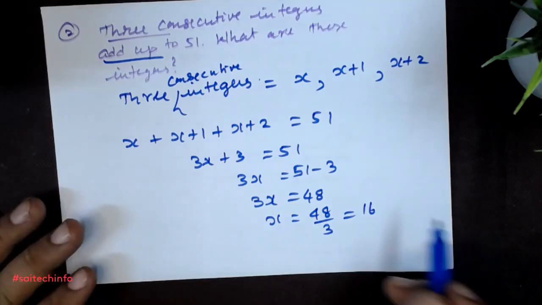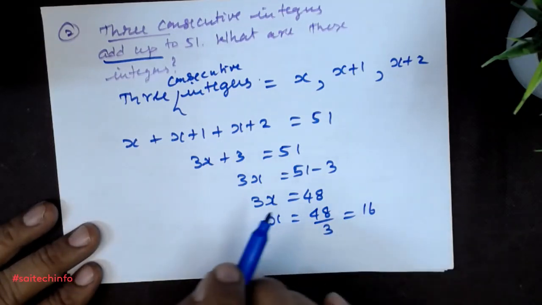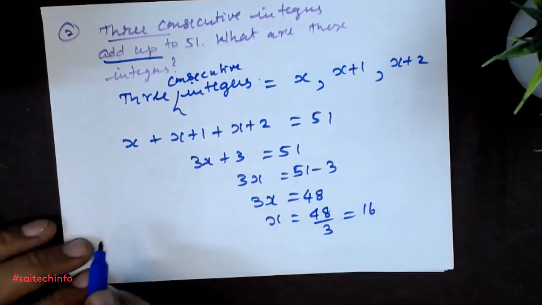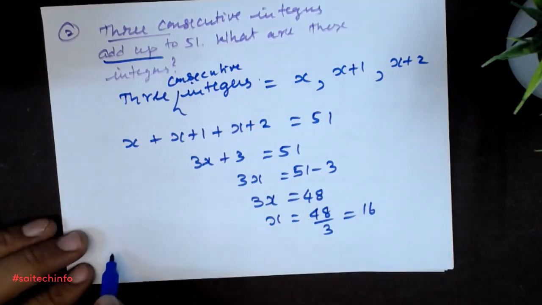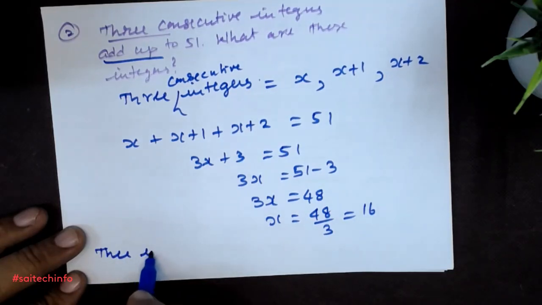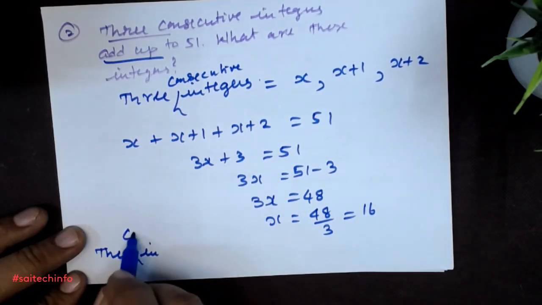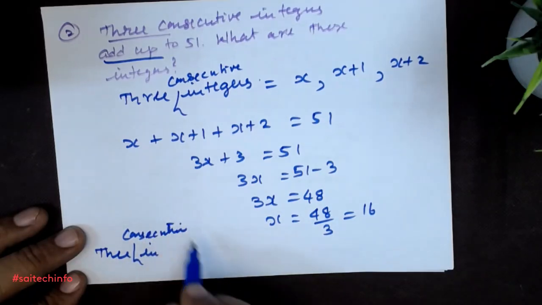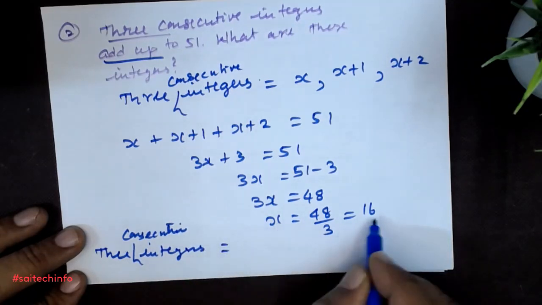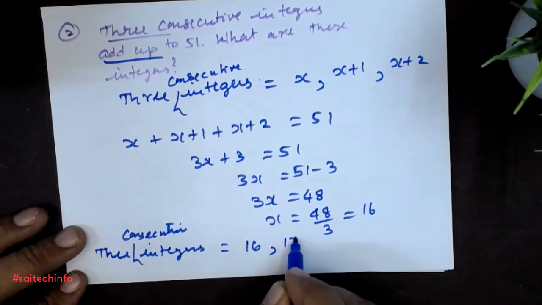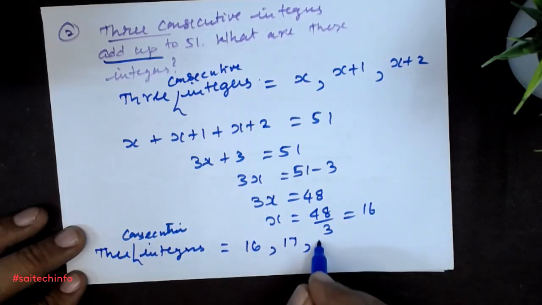Now you should not simply write x is 16. No. So you have to declare the result. So the 3 consecutive integers are x is 16, another one is 16 plus 1, 17, another is 16 plus 2, 18.